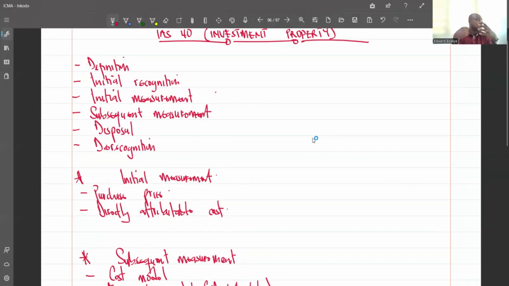So like if I have a land, let's say I bought a land somewhere far away, and the time I bought it, the place was a bush. I don't have the intention of selling it. I have the intention of renting it to others for them to use or leaving it there for capital appreciation so that when time comes, I'll go and sell it.